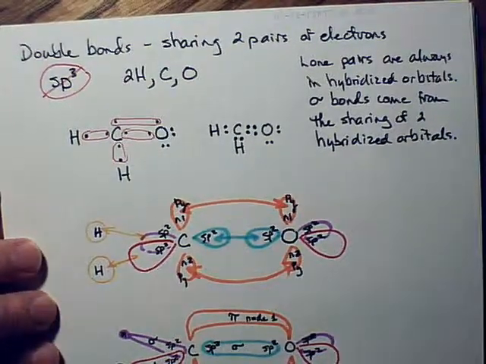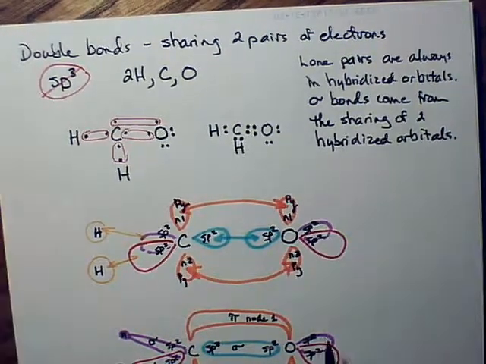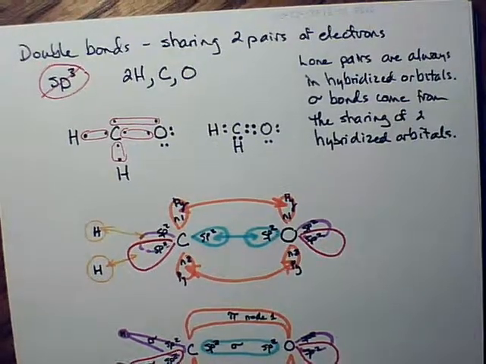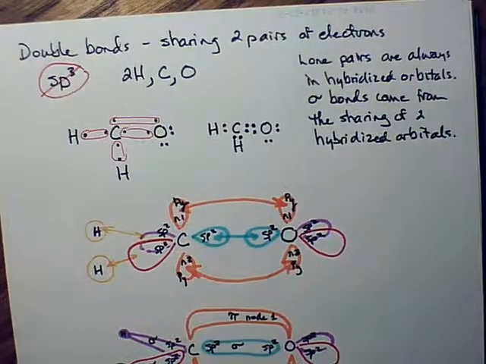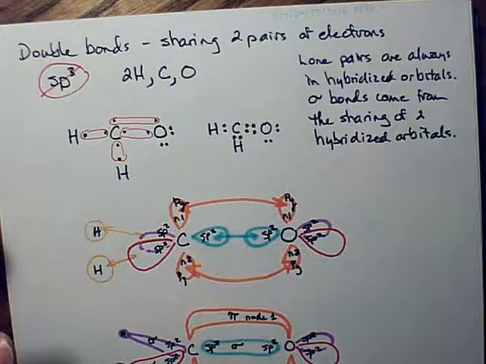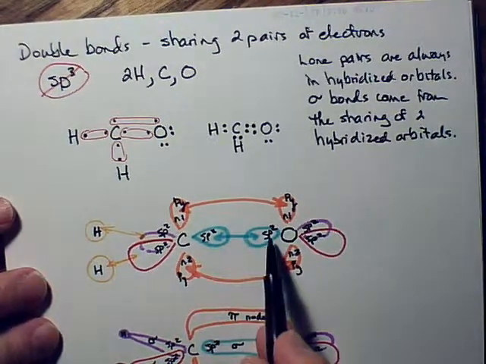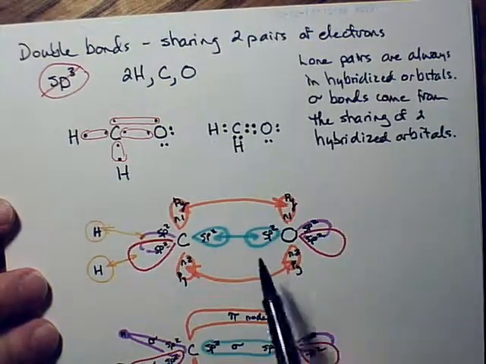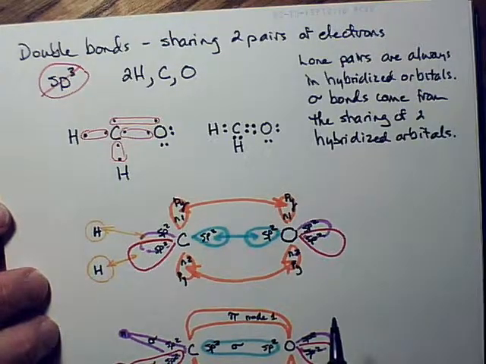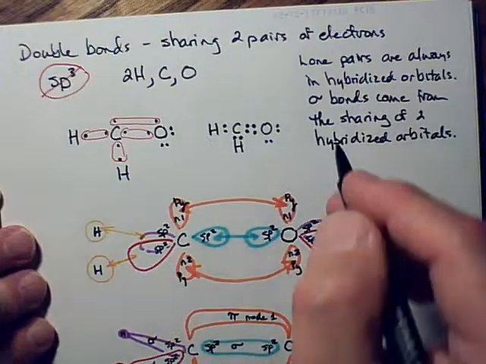Okay? So lone pairs and sigma bonds have to come from hybridized orbitals. Have to. Don't have a choice. In order to covalent bond, you have to hybridize. That's what I said yesterday, if you remember. In order to covalent bond, you must hybridize. Okay? Now, we hybridized these orbitals, but we didn't, and because this covalent bond occurred, although there are some unhybridized orbitals here. Okay? But some hybridization has to occur for covalent bonding to occur. Okay?